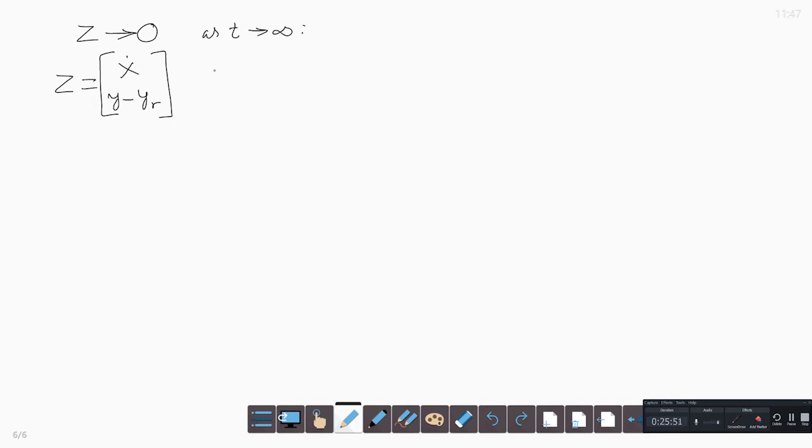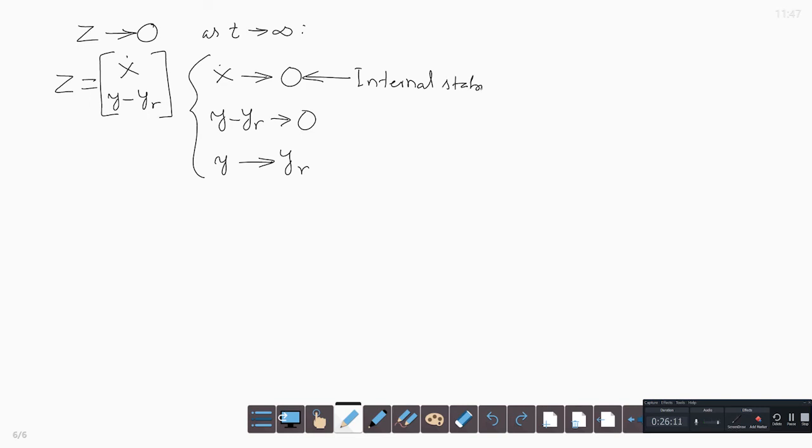So x dot approaches 0 and y minus yr approaches 0, or y approaches yr. The first one considers the internal stability, and the other one satisfies the regulation problem. Speed is regulated to the desired speed and the system remains stable.